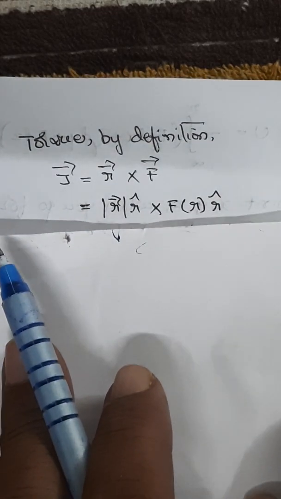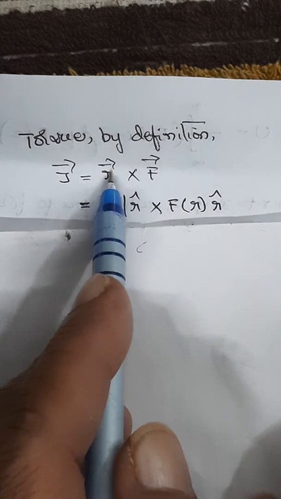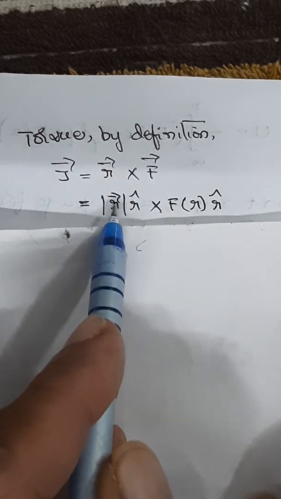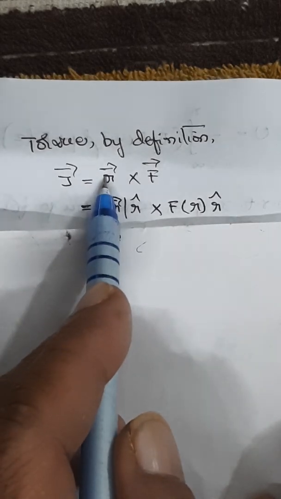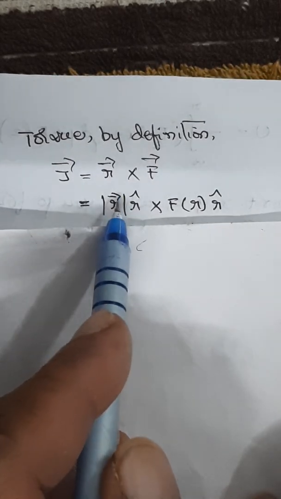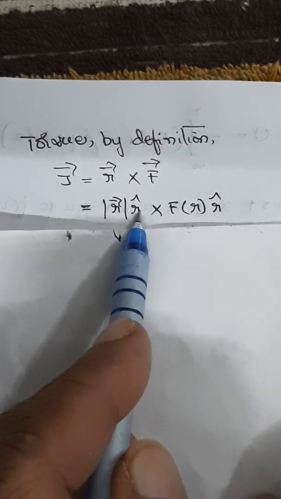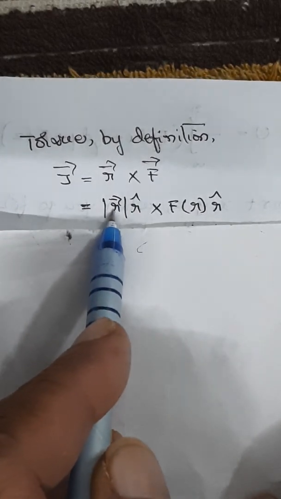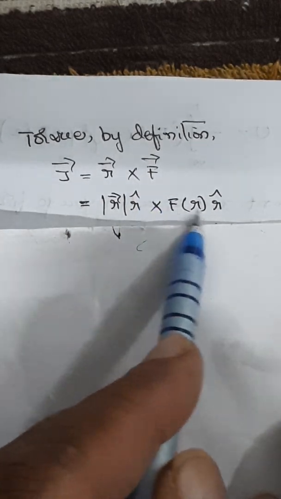You can write like this. Vector R is represented as magnitude of R into direction. What is a vector? After all, a vector is a product of its magnitude and direction. Unit vector gives you the direction, modulus gives you the magnitude. And what is this F? F is nothing but a central force equation.